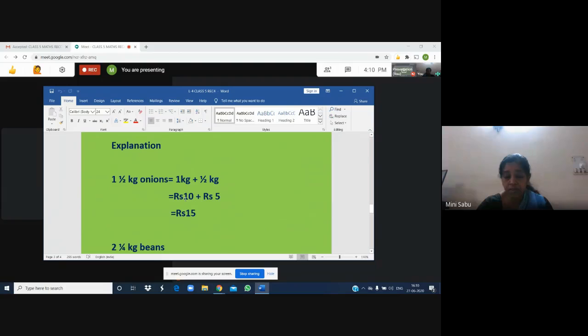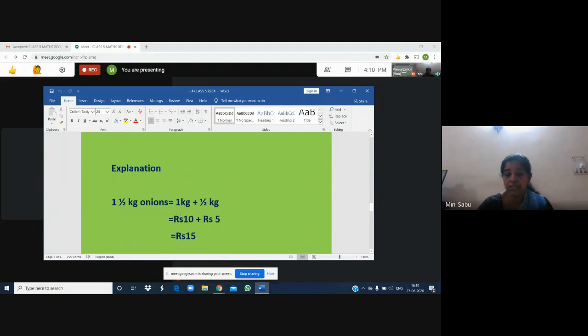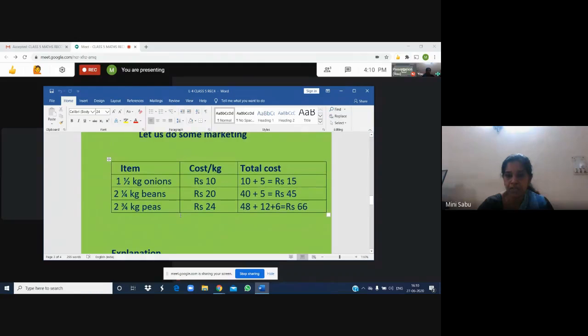If 1 kilogram is of 10 rupees, half kilogram will be of 5 rupees. So total how much money we have to give? Rupees 15. For onions, we have to pay rupees 15. This is what I have written here. 10 rupees for 1 kg, 5 rupees for half kg. We are buying 1.5 kg. So for total, we have to give 15 rupees for onions.